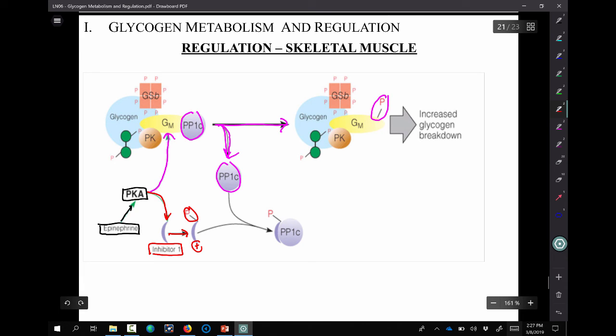Of course, here it's a crescent moon; on our last slide it was a rectangle, so they got a little more creative. But anyway, when that's phosphorylated and active, it will bind to and inhibit PP1C. So I'm going to put a little negative sign here.